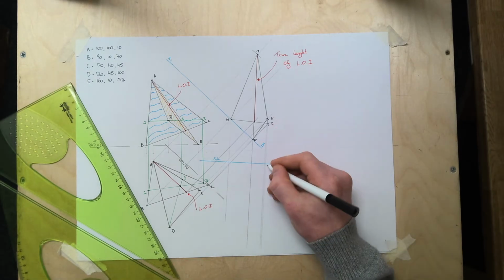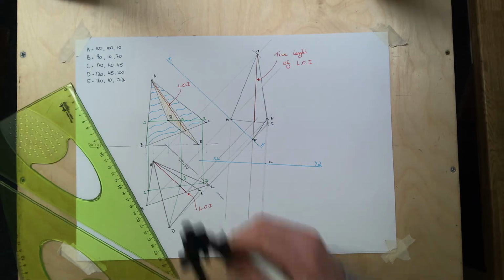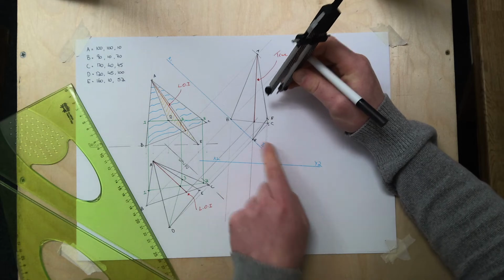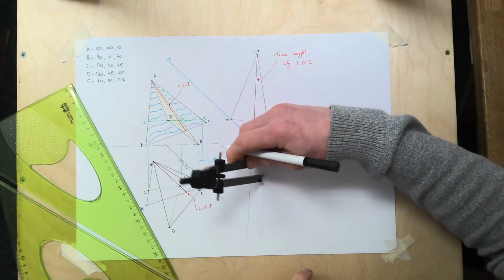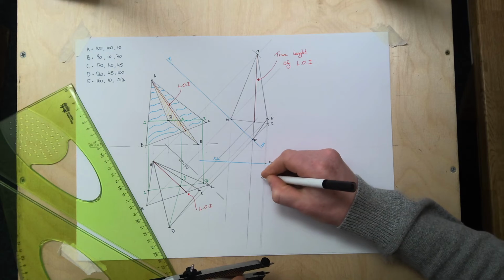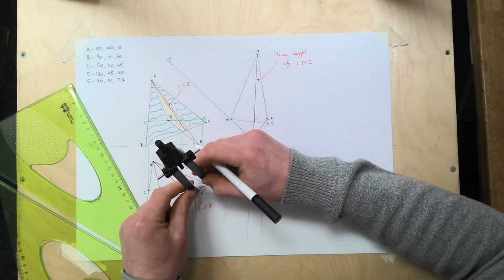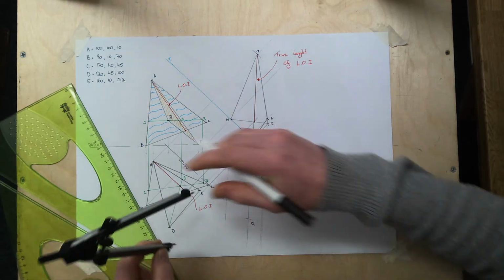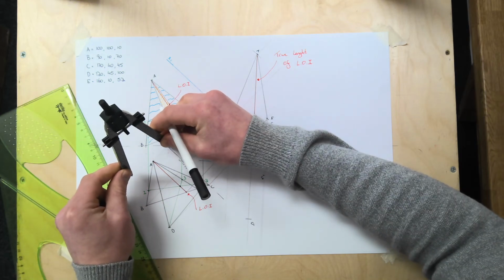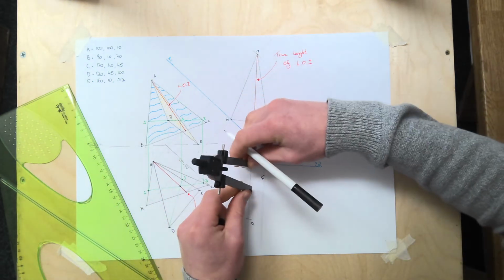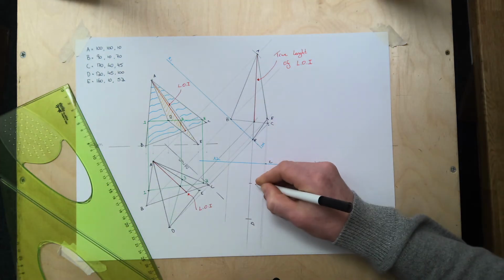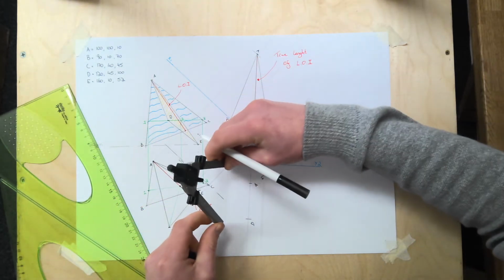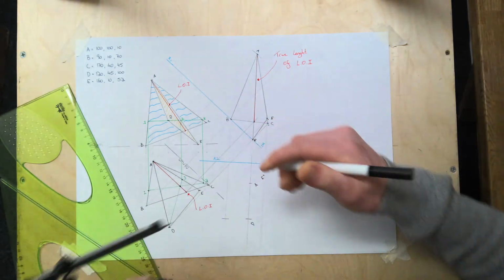So C is on the ground, E is this distance from the datum, E, D here, and B.